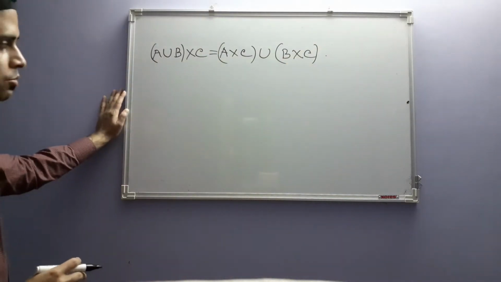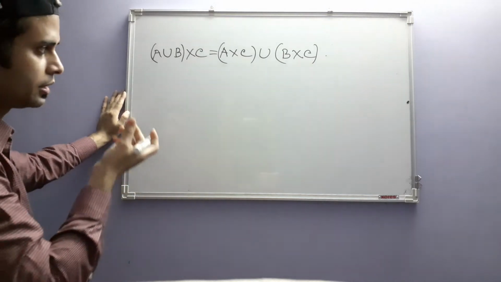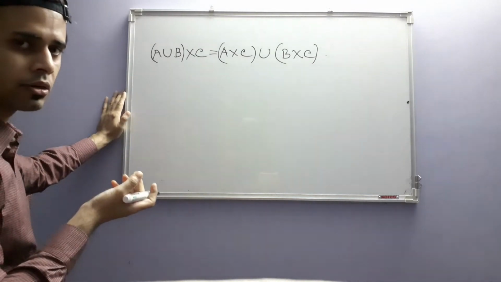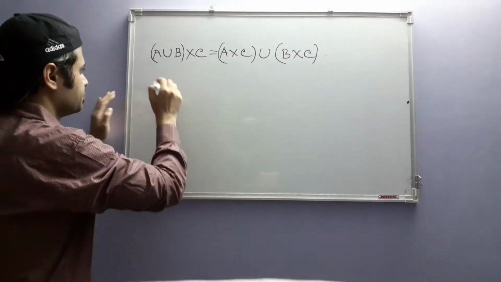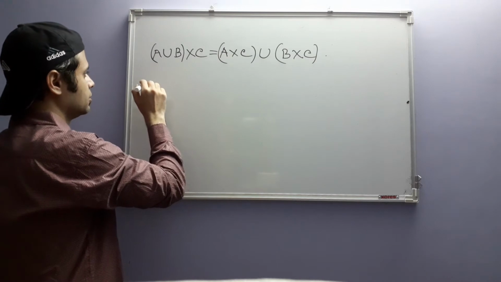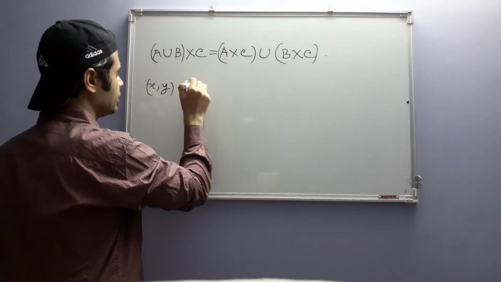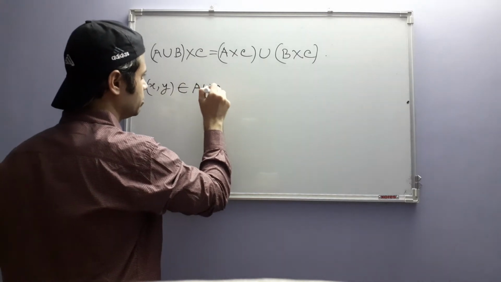To prove this one, now we have Cartesian product, so the general element will look like an ordered pair. First we show this is a subset of this. We take (x, y) to be an element in this.